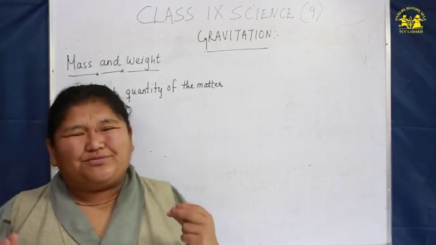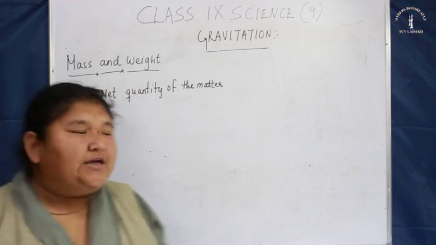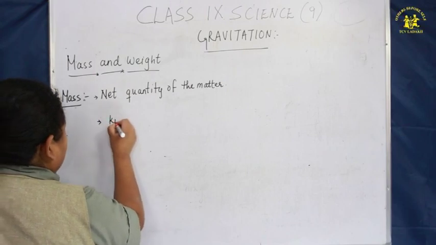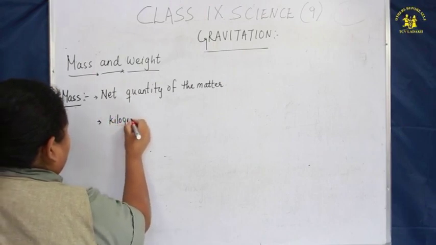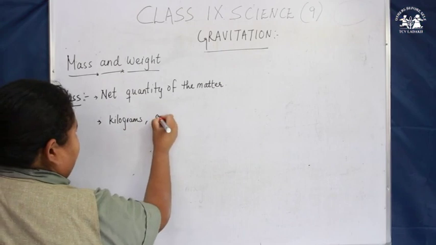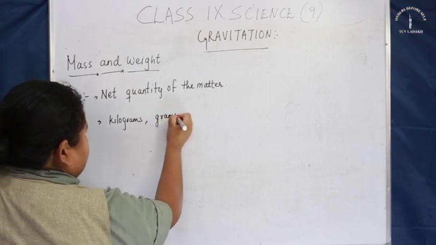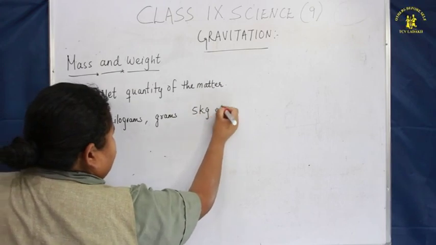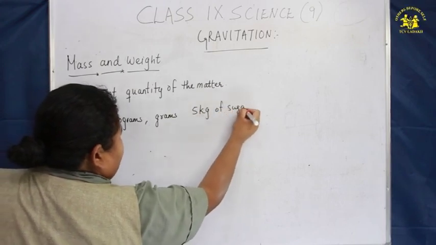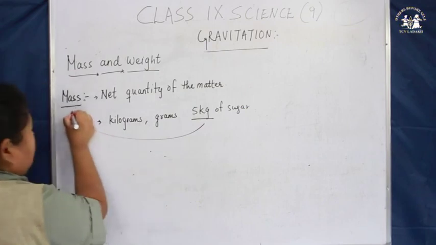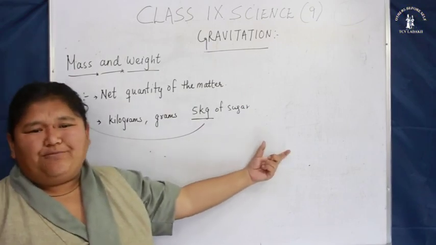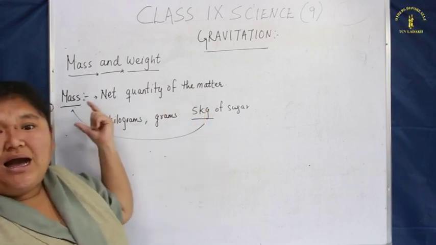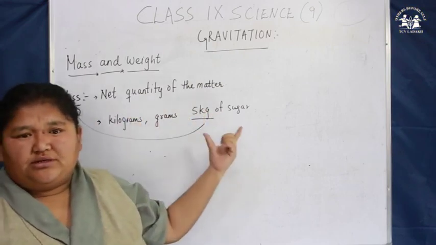We express the mass of that sugar in terms of kilograms. We also have other units like grams. So if I say I have 5 kg of sugar, I'm referring to the mass of the substance, so 5 kg indicates the mass of that particular object.